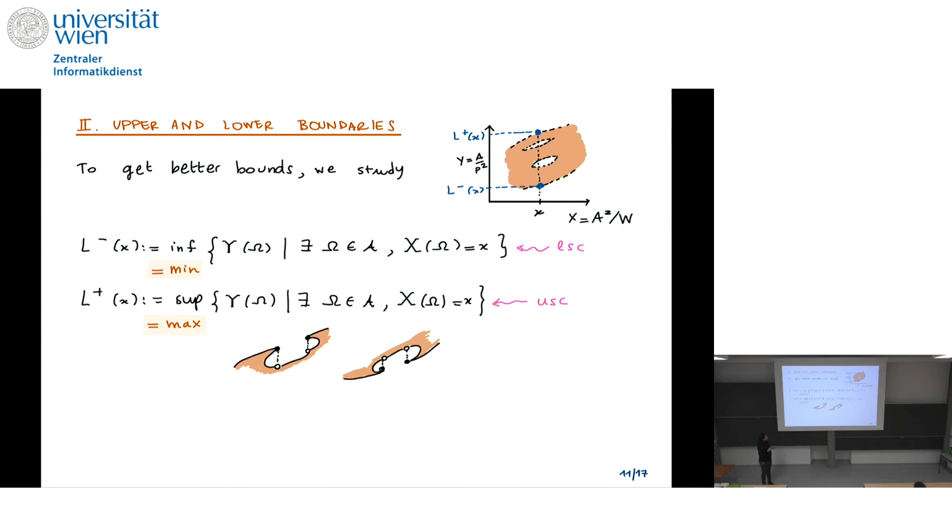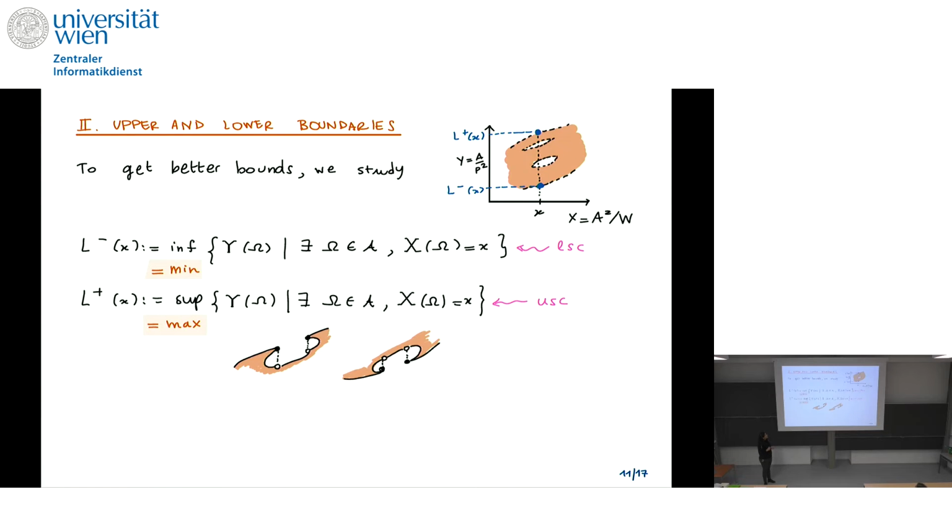What about regularity? This function L minus, by definition, it is easy to prove that it is lower semi-continuous. The L plus is upper semi-continuous, but from the definition, we do not have directly continuity. What could happen is the following. For the upper boundary, it could happen that it does something like that.